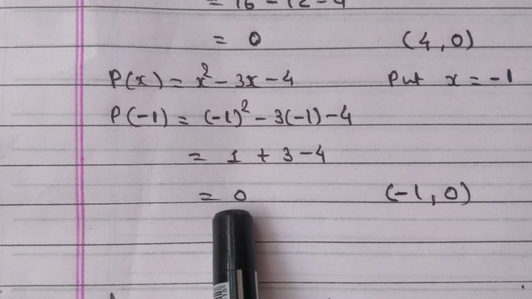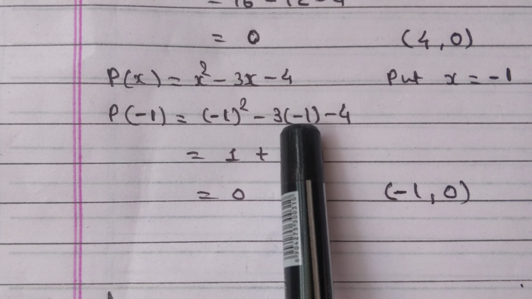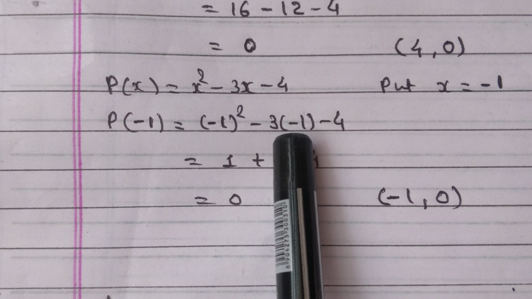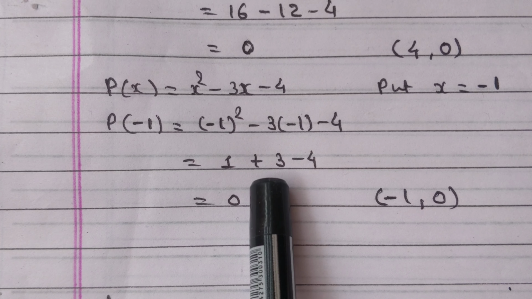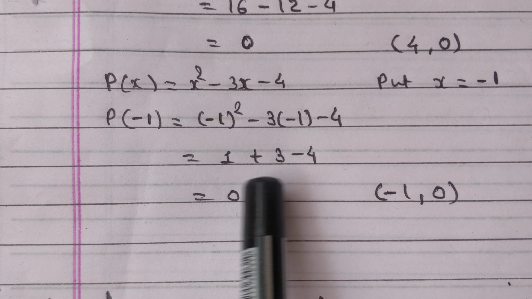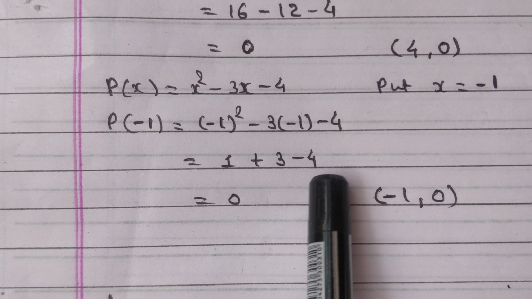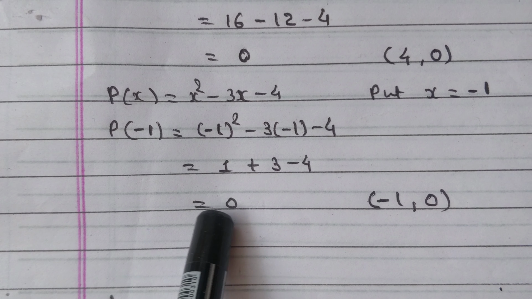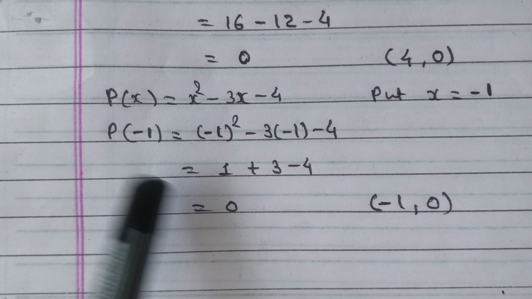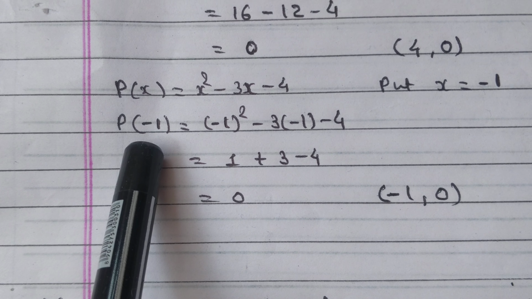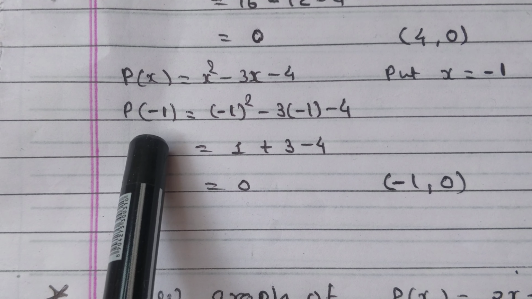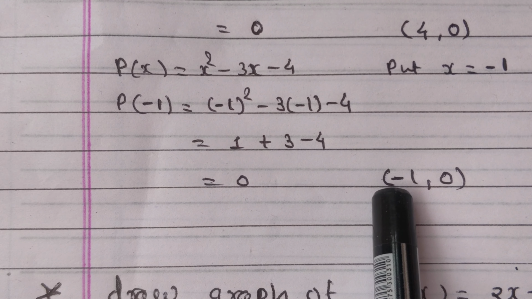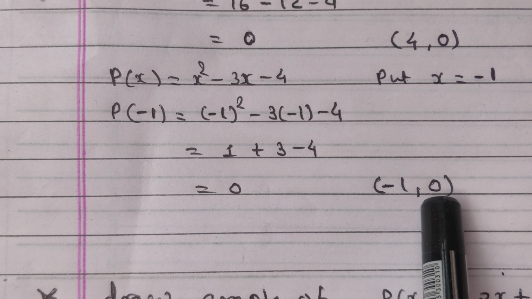So minus 1 square is plus 1, minus 3 times minus 1 is plus 3, minus 4. So 1 plus 3 is 4, 4 minus 4 is equal to 0. So the answer we get is the y coordinate, and the value of x is minus 1. So the x coordinate is minus 1 and the y coordinate is 0.